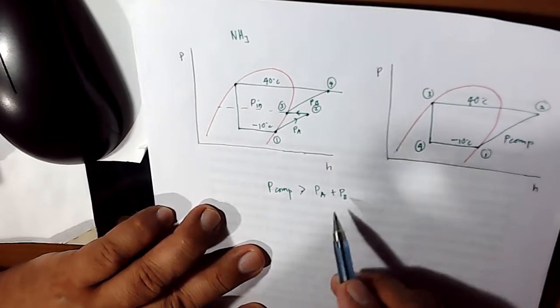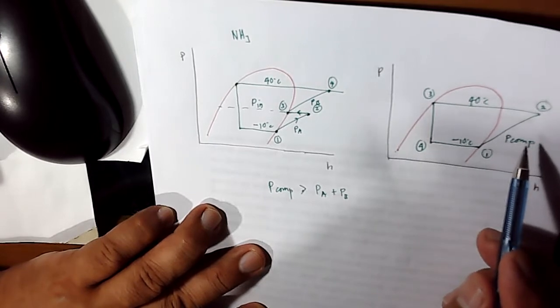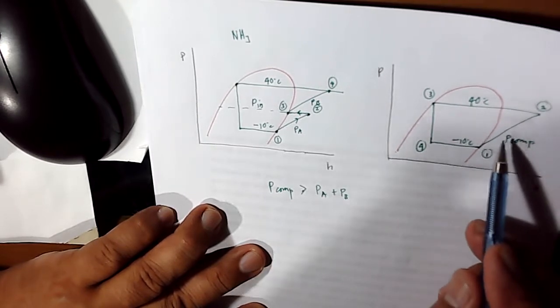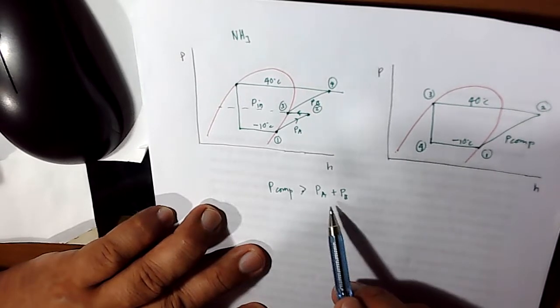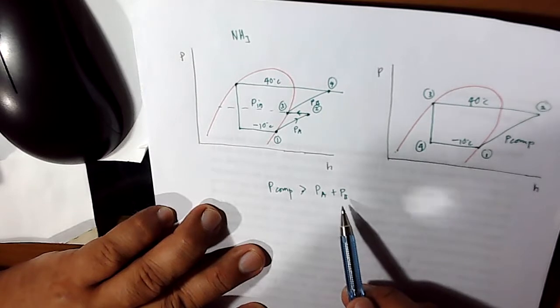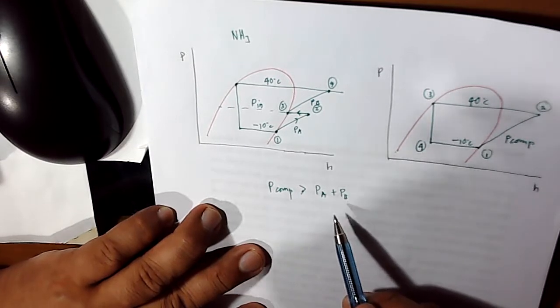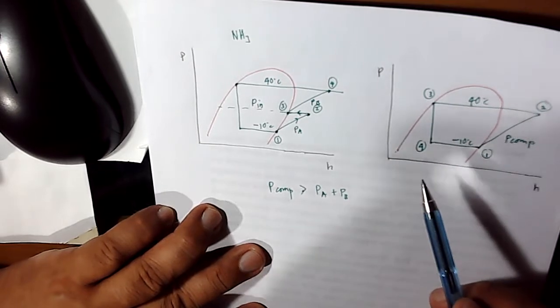The power of the single compressor is much greater than the combined power of the low stage and the high stage. It means that using an intercooler, there will be power save.